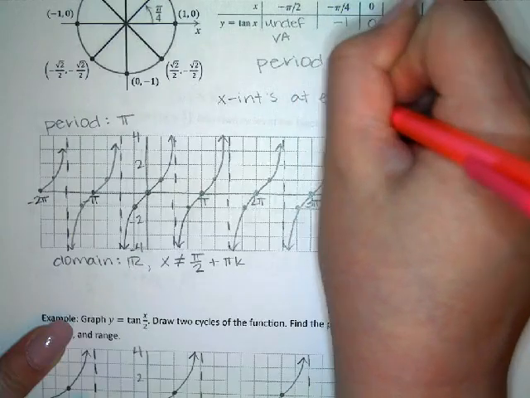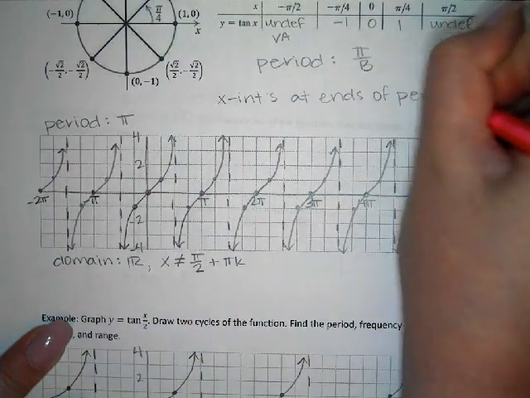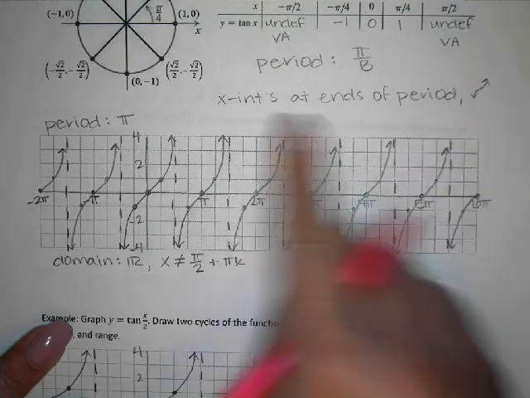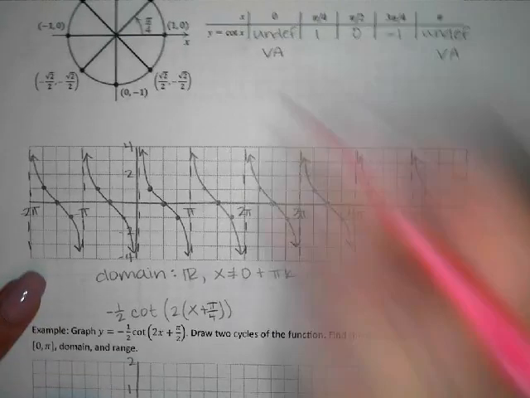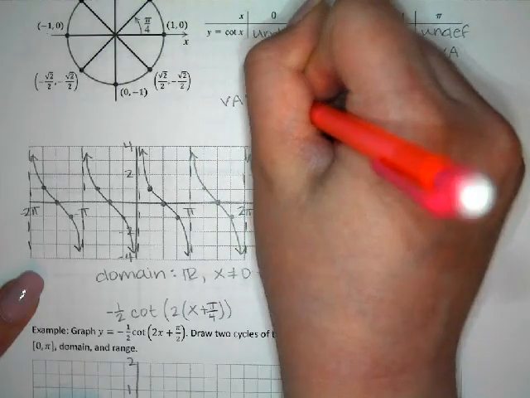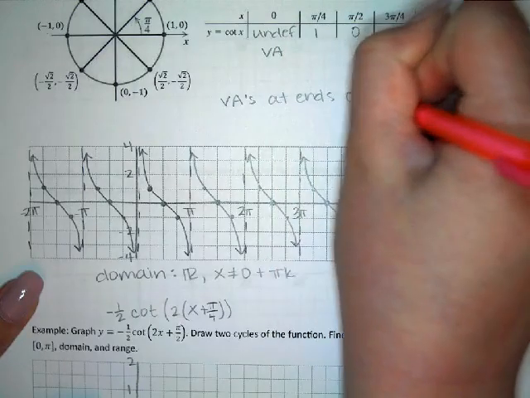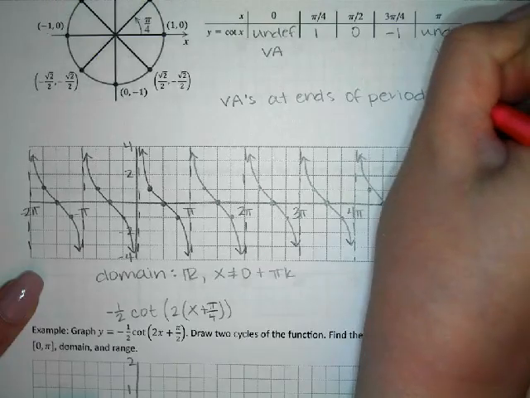This is my little hint to myself, okay? And then for cotangent, the vertical asymptotes are at the ends of the period. And this graph, drawing it down, this graph slants down to the right. So this is going to help me to not get tangent and cotangent as confused.